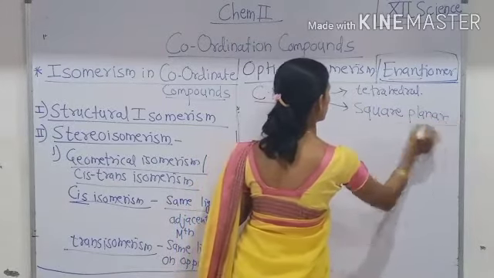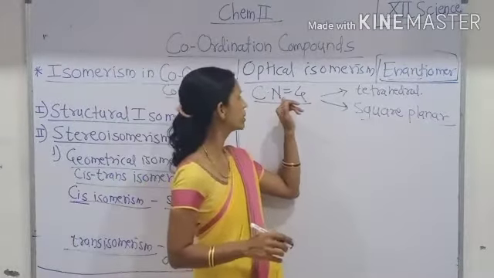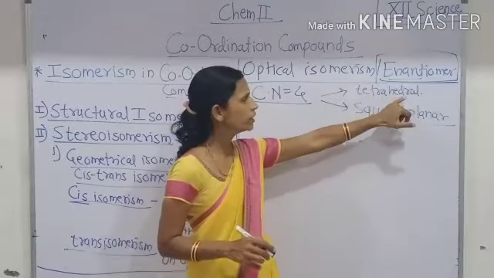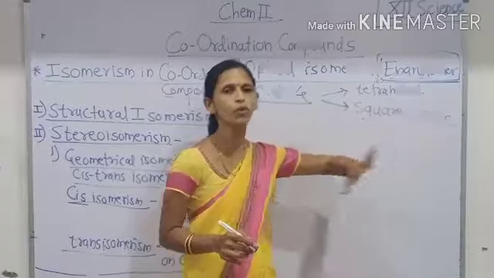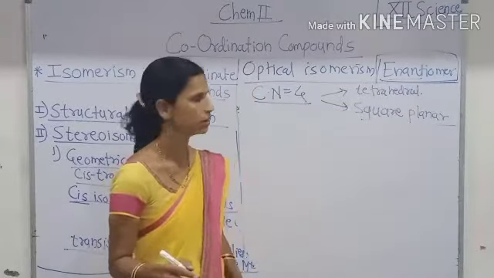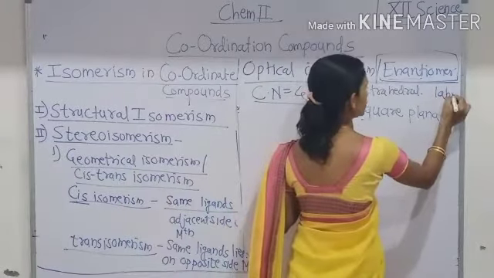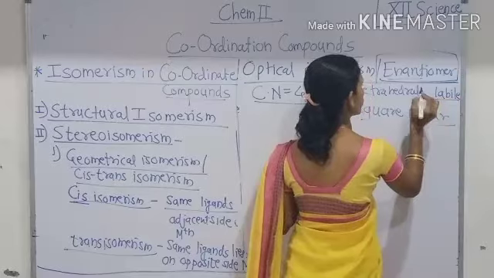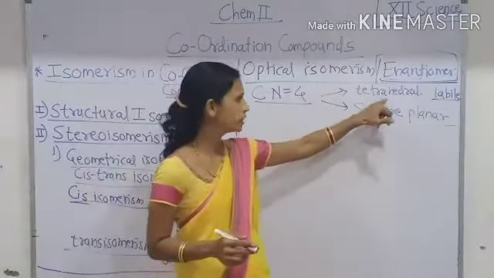Coordination compounds with coordination number 4 and tetrahedral geometry do not show optical isomers because of their labile nature. They cannot show optical isomerism.